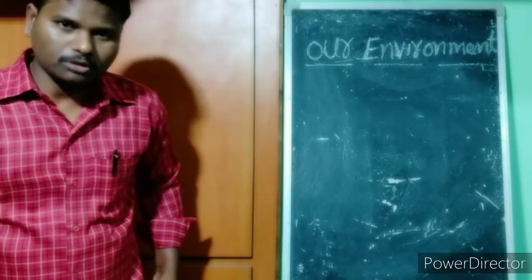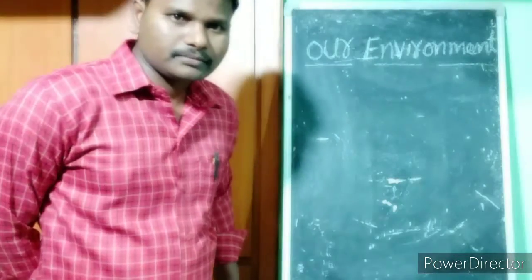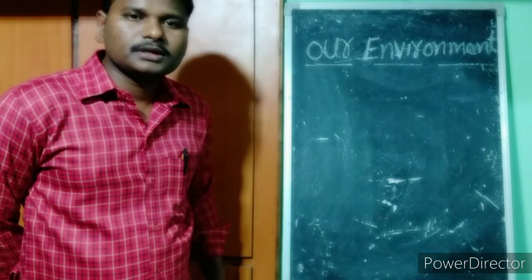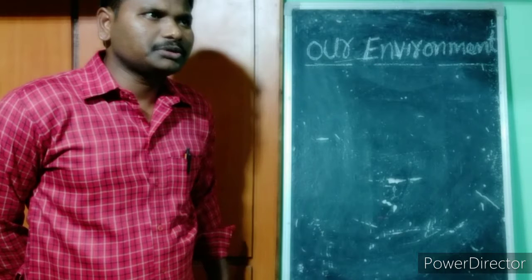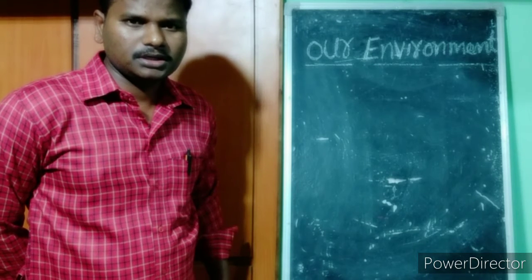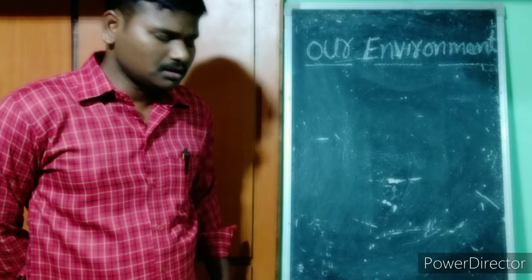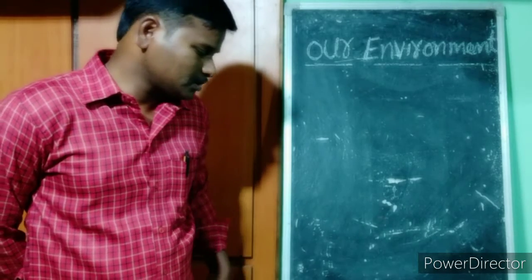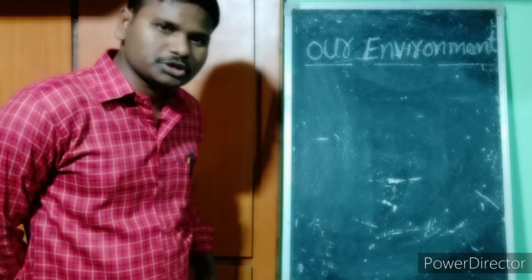Lithosphere is the rock part, the topmost layer of the earth up to 100 kilometers deep. Hydrosphere is all the water bodies on the earth in the form of liquid, gas, and solid. Now we are going to learn about the atmosphere.